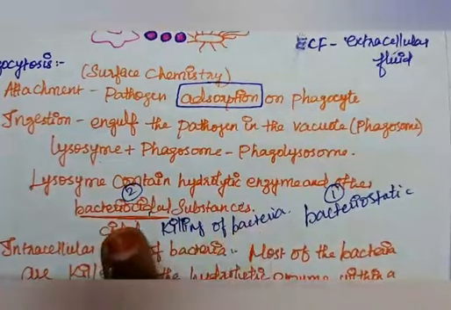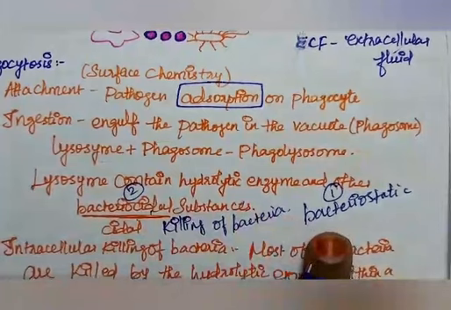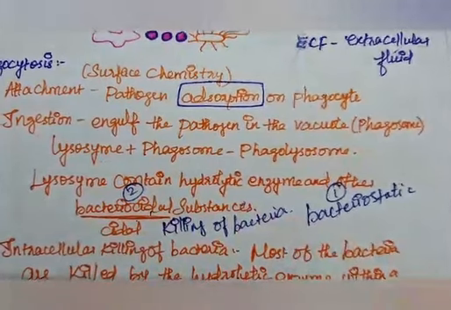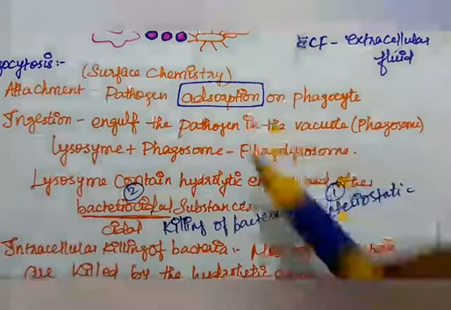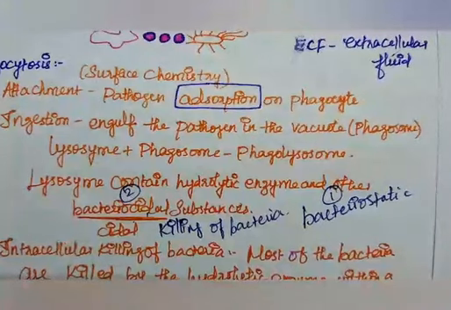If you want to learn more about this, you will have more information in the NCERT book, the chemistry in everyday life lesson. I'll give you the information about the adsorption and these bactericidal and bacteriostatic substances in the description box.